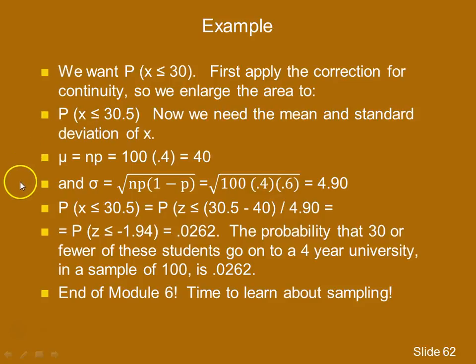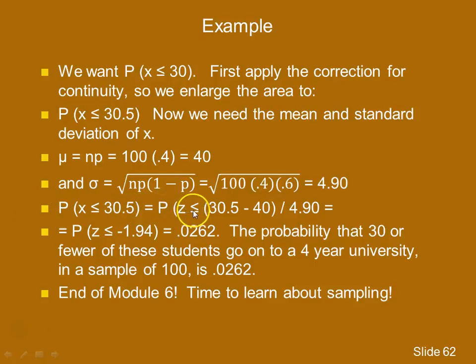Then you have to calculate the mean and standard deviation of the binomial. Remember, the mean is np. In this case, that would be 100 times 0.4 or 40. The standard deviation is the square root of np times 1 minus p, which turns out to be about 4.90. Now you're ready to convert to z. Take x less than or equal to 30.5.